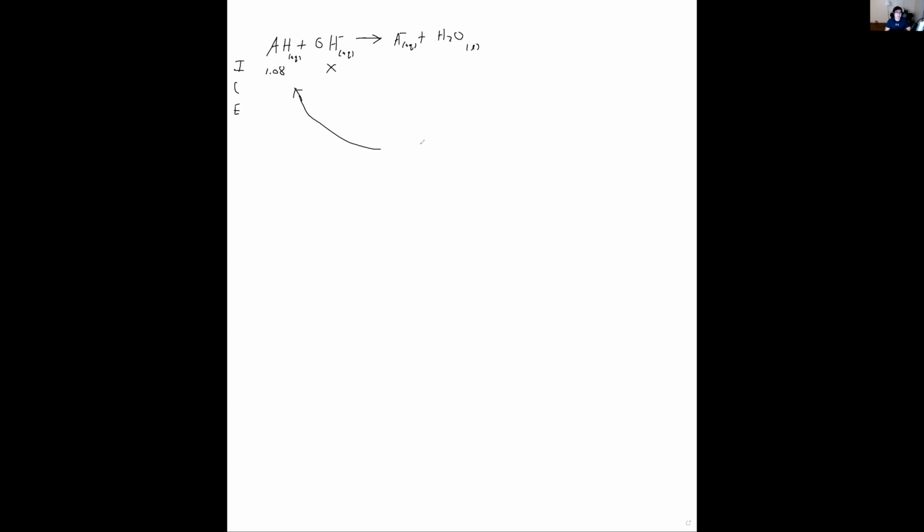Is that the moles? Are they working in moles? 0.4 times 1.8. No. Oh wait, 0.72. Oh, so this is moles. So they're doing this table in moles instead of molarity. So both work.